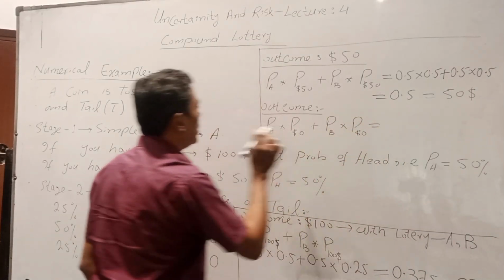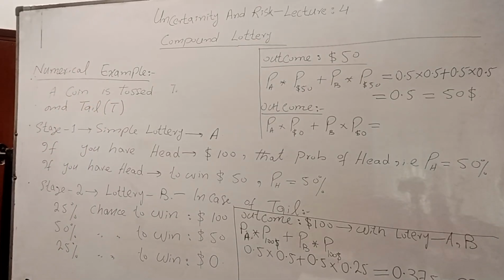In case of lottery A, you don't have the outcome of $0, am I right?